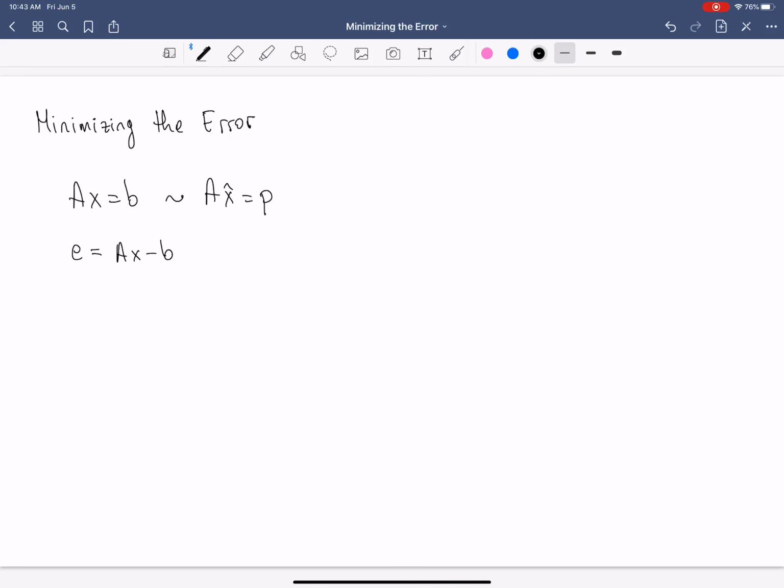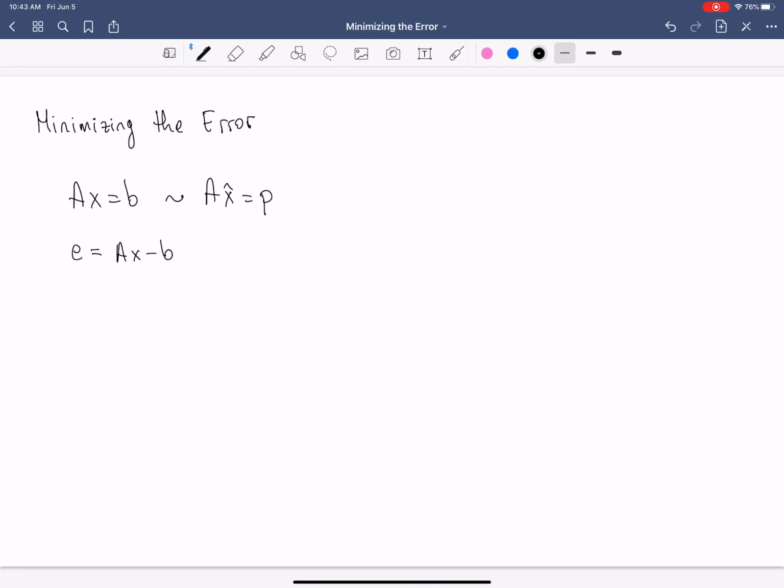What is in there that's not accounted for? What kind of a mistake could we make if we used Ax instead of b? We want to find ways to minimize this error. So how do we solve this system so that the error is minimum?